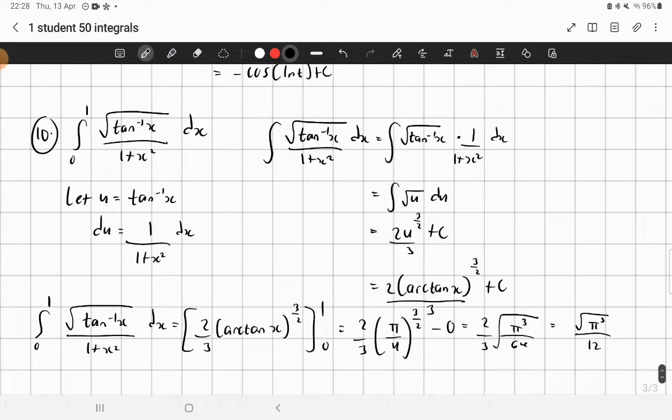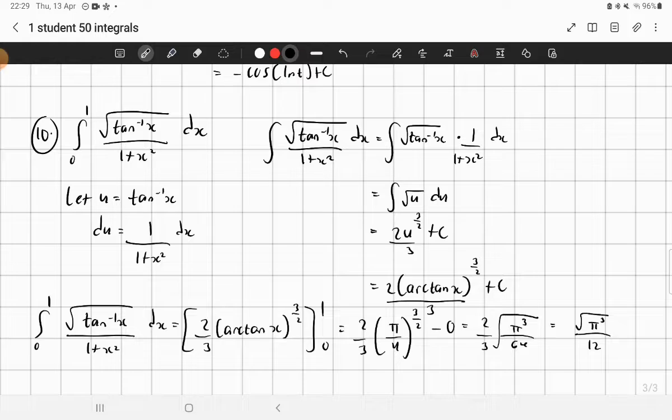So let me check. The integral from 0 to 1 of the square root of arctangent of x divided by 1 plus x squared. Hopefully, there should be no problem.